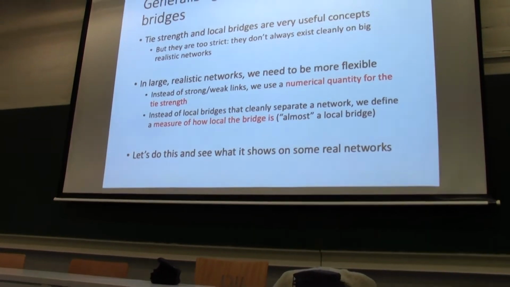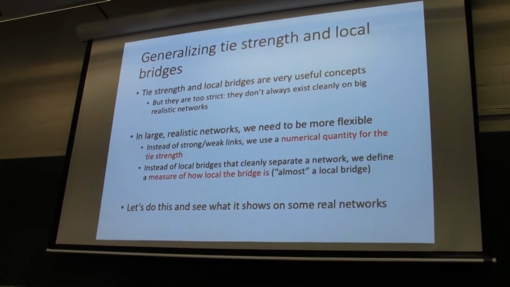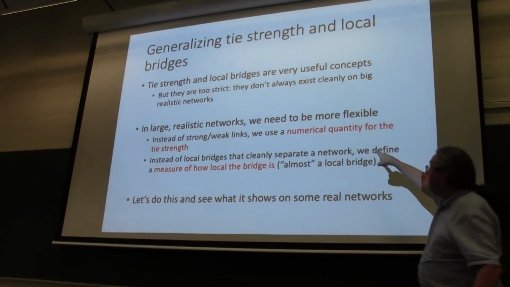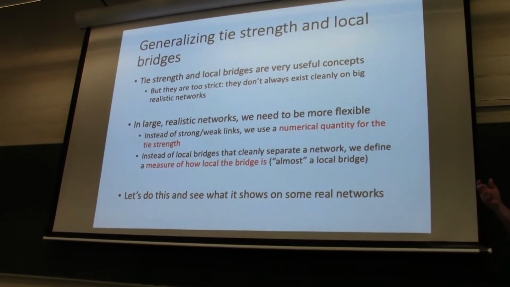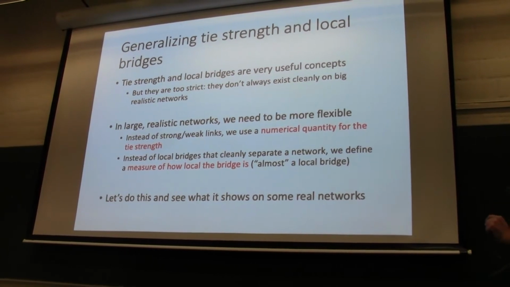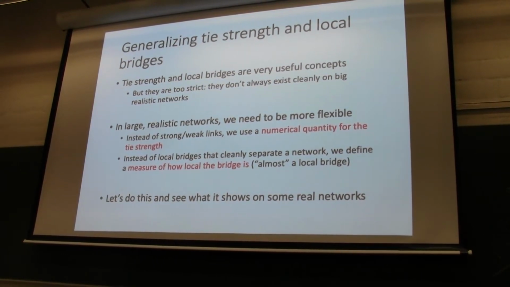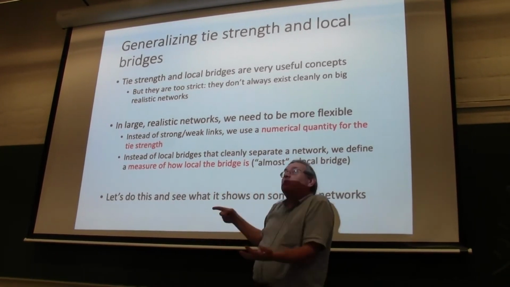Strong or weak, there's only two ways, either you're a friend or an acquaintance. And the bridge, it's either a bridge or not. But in realistic networks, we want to be more flexible. We have some numerical number for how strong it is, going from 0 to 1, for example. Or instead of local bridges, we say how local is the bridge.